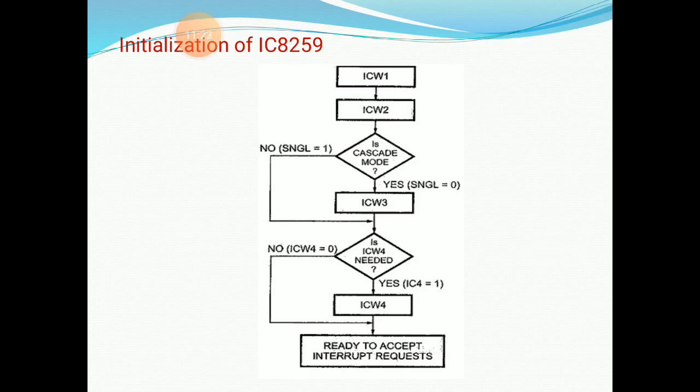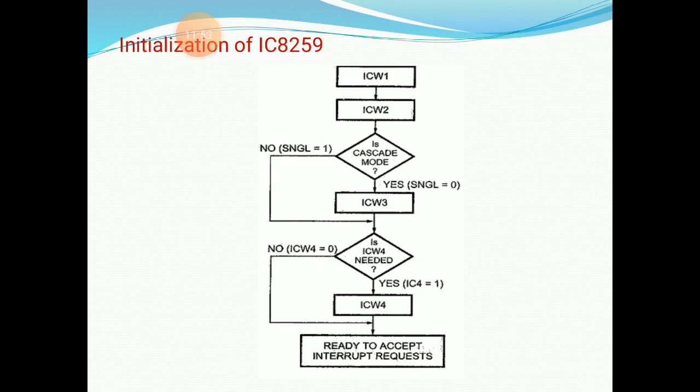Among the 4 ICWs, 2 ICWs must be used for programming and 2 ICWs are optional. Those are ICW3 and ICW4. First, ICW1 is initialization command word 1, and then ICW2. After that, you may want to go for cascade mode. That depends upon the ICW1 format.